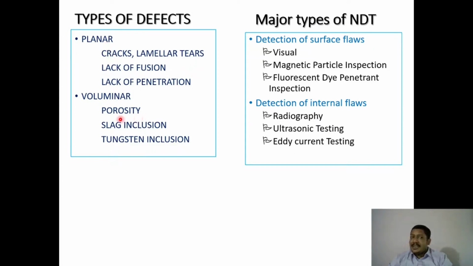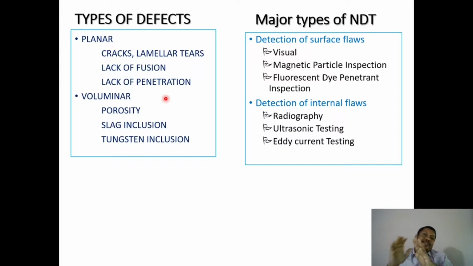Whereas porosity, slag inclusion, tungsten inclusion, etc., are volumetric defects. Planar defects affect a plane, either in the x direction, the y direction, or the xy direction. Volumetric defects happen in the x, y and z directions.